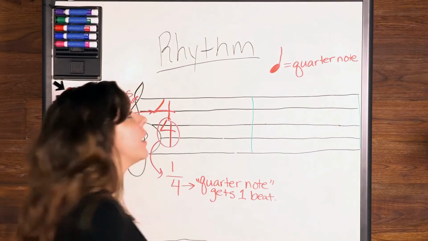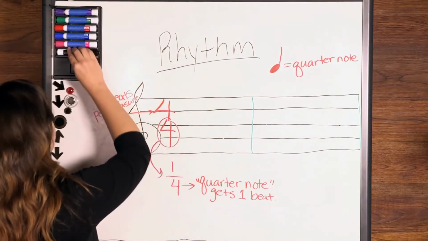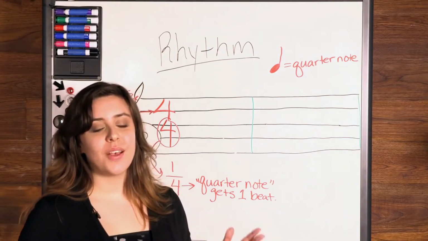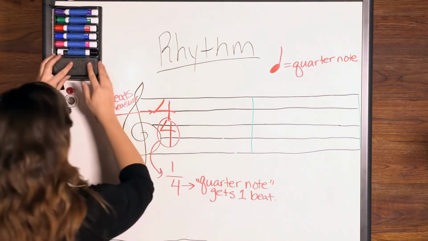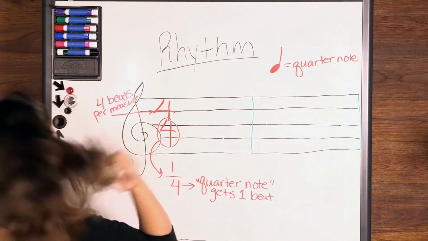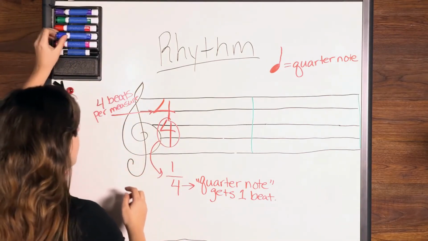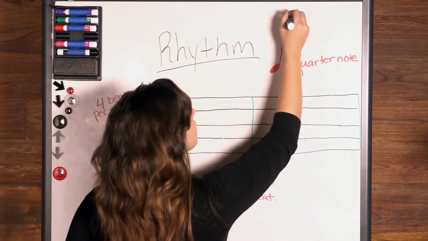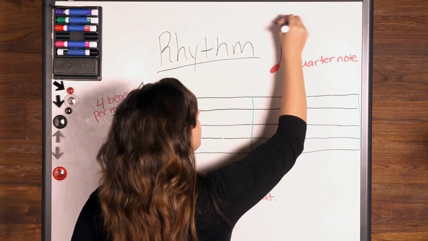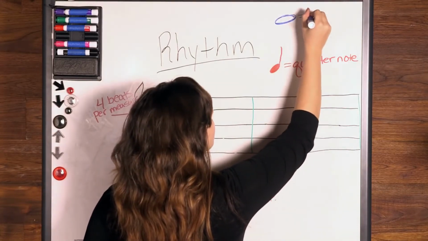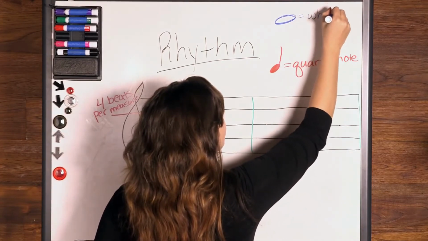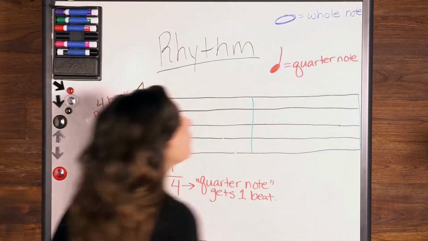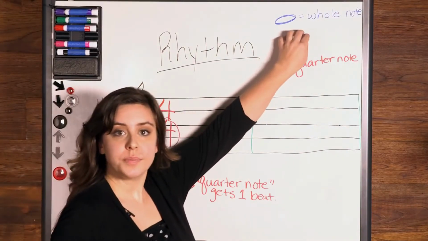Now, the next note breakup we should start with would be whole notes. Whole notes are pretty much exactly as they sound, which I'll go ahead and write up here. So this up here is a whole note.